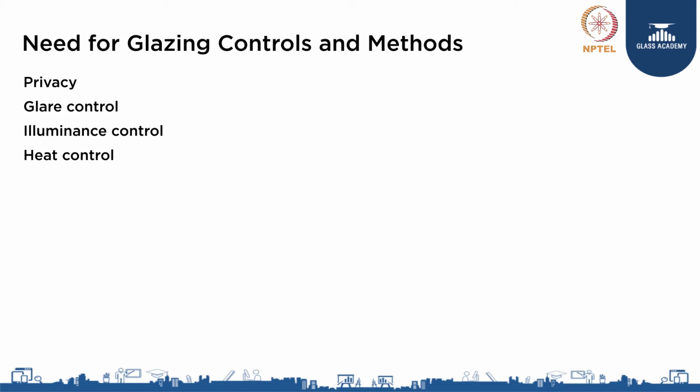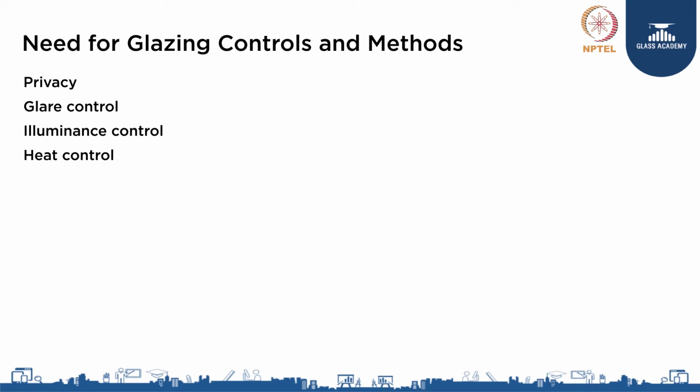Say for example, if you have a building with nice clear glass, and it is being occupied at night. In the night time, when the internal lights are on, the inside of the building will be visible to outdoors. People from outside would be able to see inside the building. So if you want to have privacy, you would like to control the transmittivity of the window system.